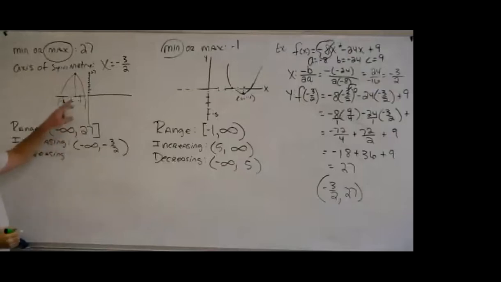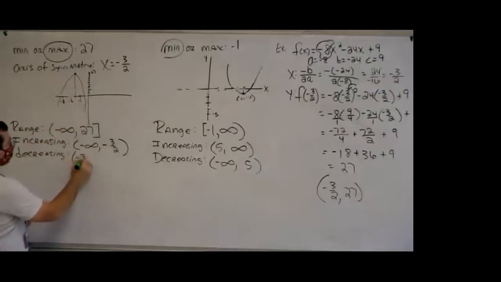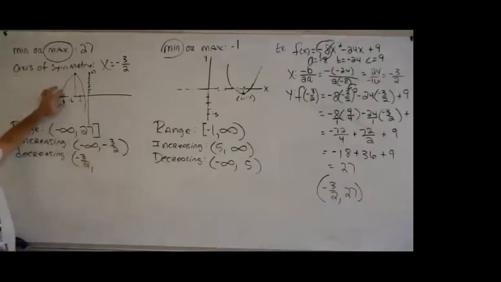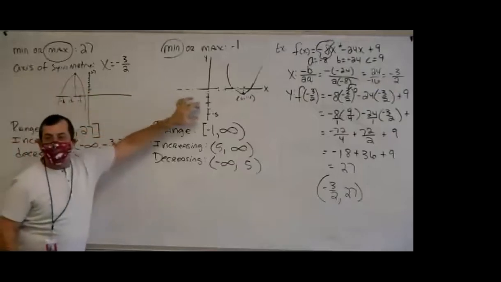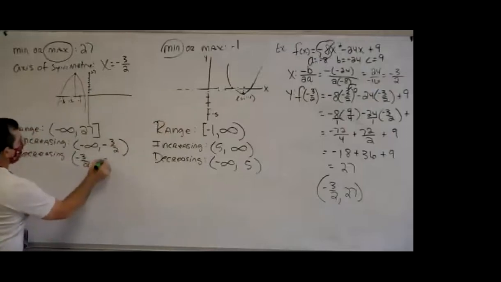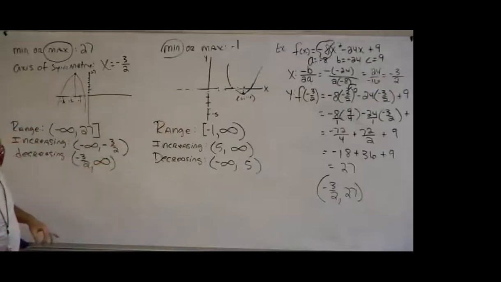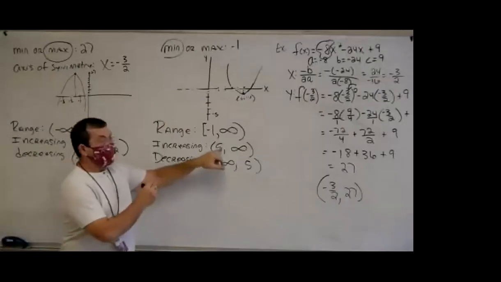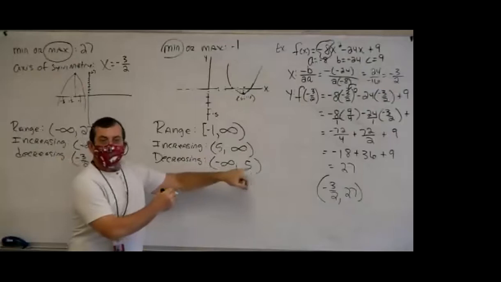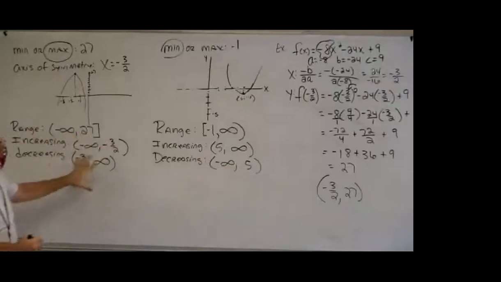So it's starting at -3/2, and as I go towards infinity. So look at these. One of these will always have a negative infinity to the number. The other one will have a number to positive infinity. They're all going to have that kind of pattern on them, okay?